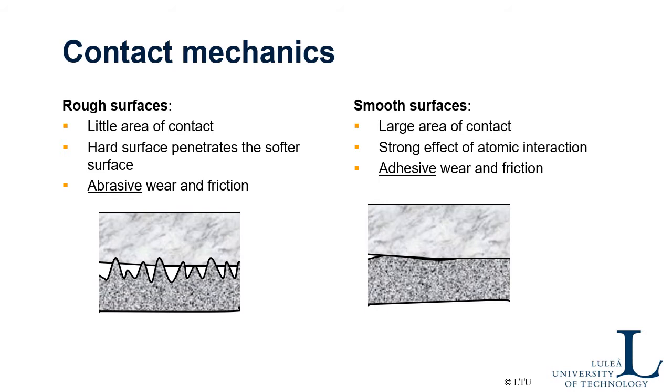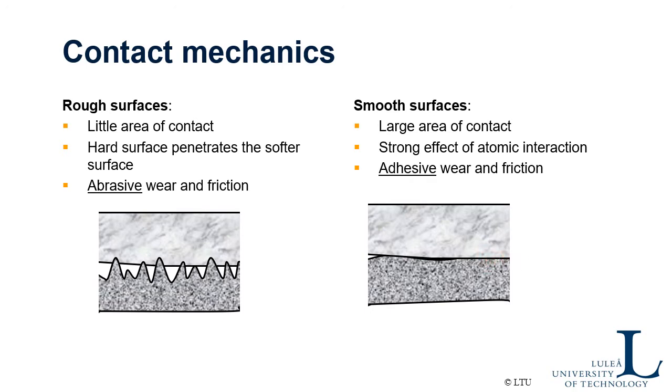If you have pretty smooth surfaces, on the other hand, you have a larger area of contact. So the two surfaces have a big real area of contact. And then, since the surfaces come very close to each other, adhesive effects will be important. So there will be an interaction between atoms on one surface and the other surface.